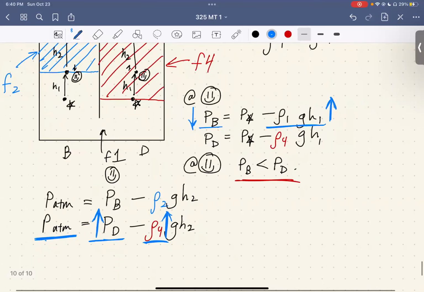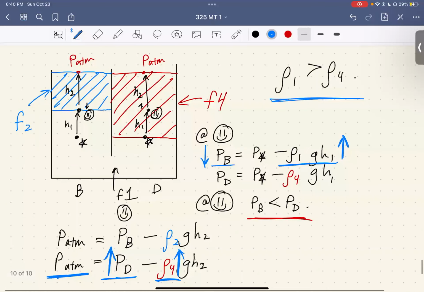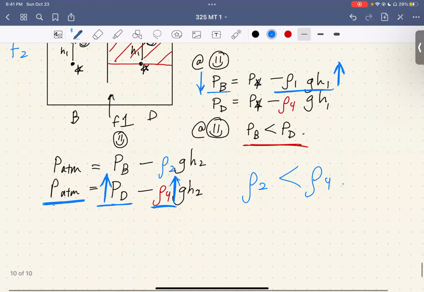We know that to equate for this difference caused by this, that means to travel the same exact height, rho 2 is actually going to be less than rho 4, to equate for the difference. We just determined that.